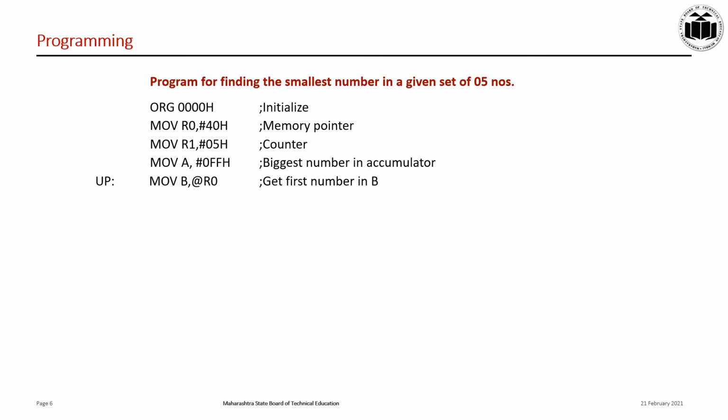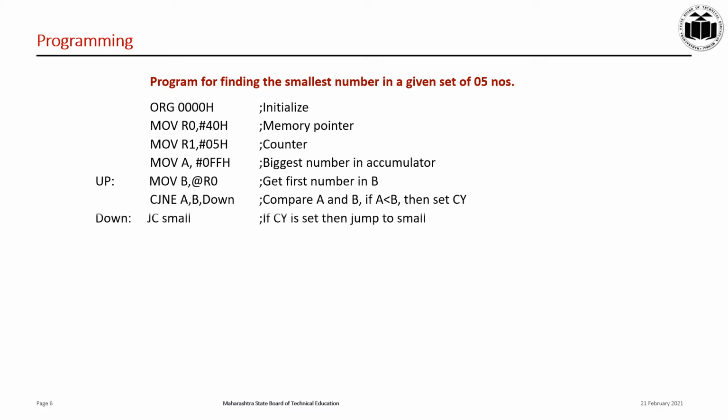By using this instruction, we will get the first number in register B. Then we will compare the content of the accumulator with register B. If the content of the accumulator is less than register B, the carry flag will be set. So we will check for the carry flag.